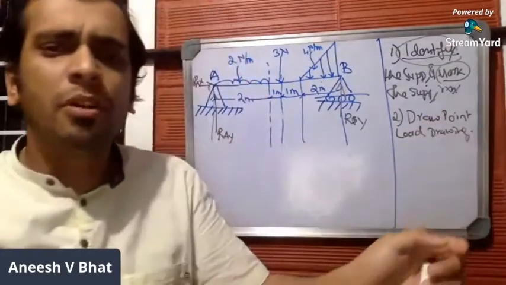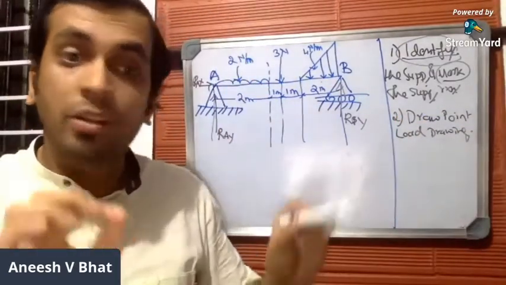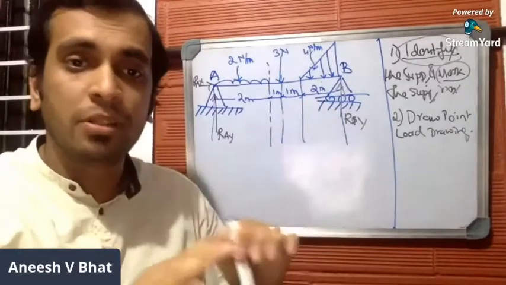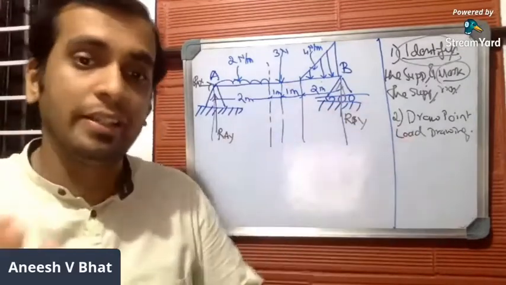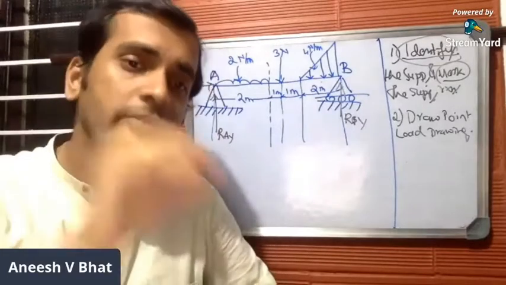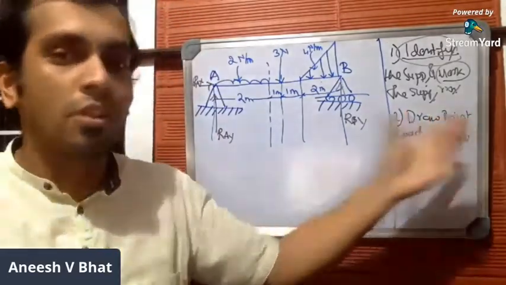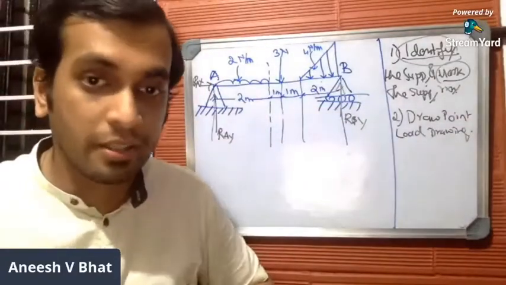This is a type of free body diagram where all the loads are in the form of point loads. We don't call this a free body diagram because the forces are non-concurrent here. In a free body diagram, forces will always be concurrent. Here the forces are non-concurrent, so let me call it a point load drawing or point load diagram.